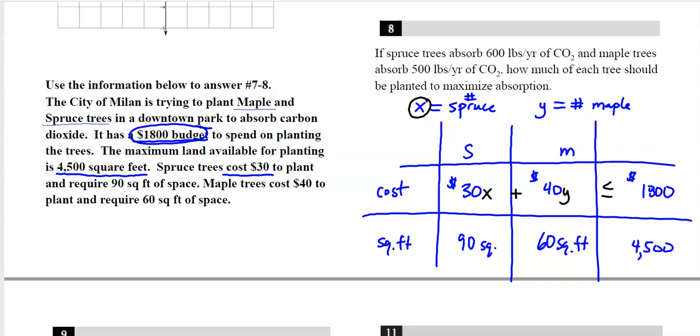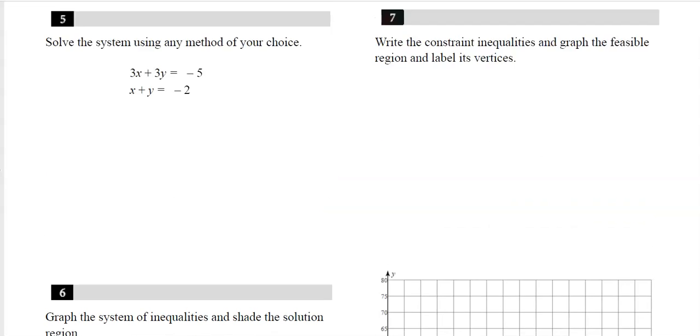constraint equations. Now my other constraint equation is the square footage, which is basically 90x plus 60y, has got to be less than or equal to 4,500. So I've used every number over there, and I kind of have a nice setup of my constraints, what I have to stay within. So let's go up to the top, and let's fill this in.